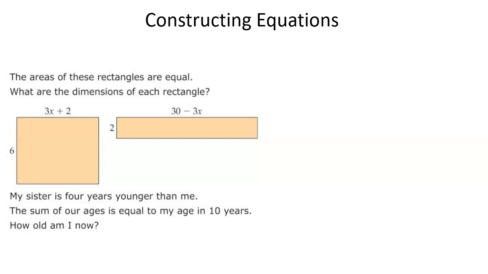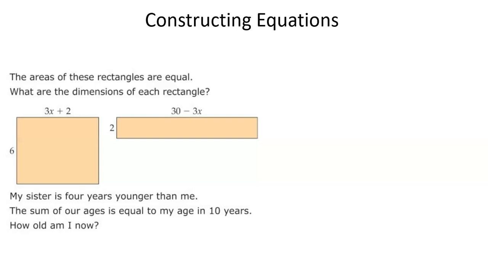So here's two examples. And what we have here, it says the areas of these rectangles are equal. Sometimes it might say that the perimeters are the same or the volumes are the same. In this case, the areas are the same. And so you have to just stop and think, okay, what if this had numbers? How would I work out the area of this if it actually had numbers? Well, I would do that length times that length.